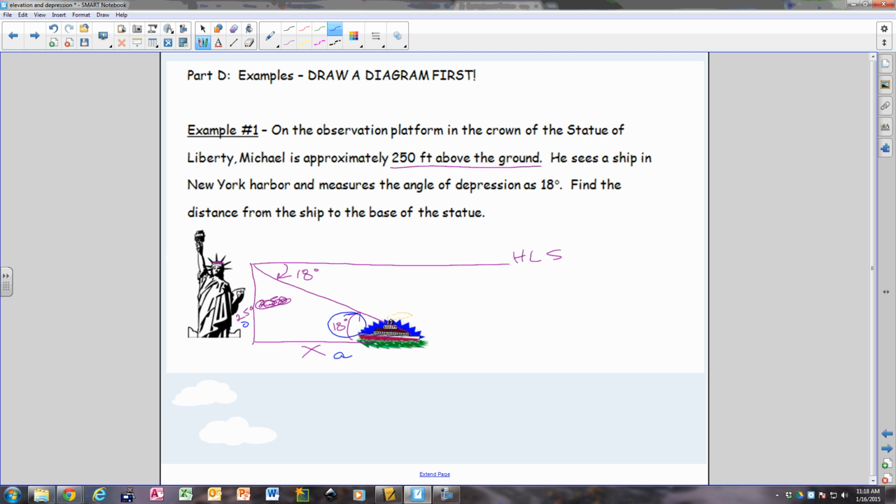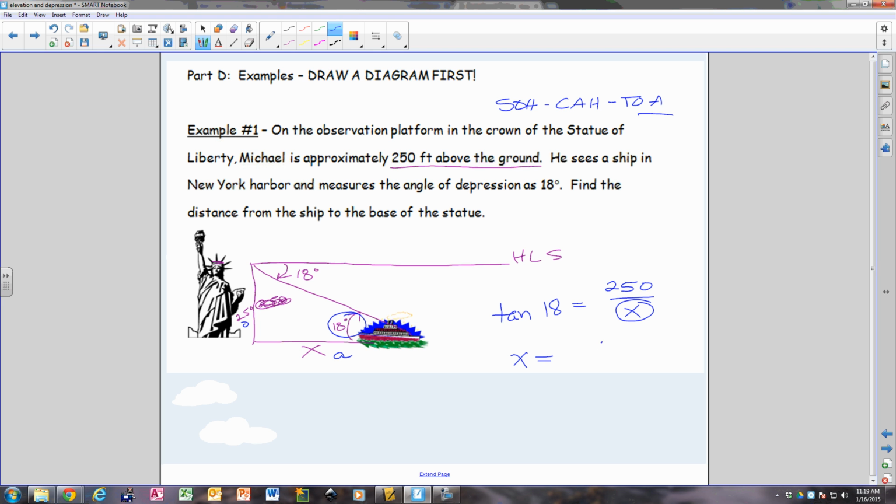So what function would I need to use? So some old hippie called another, there's our SOHCAHTOA. So we have an O and an A, which would be tangent. So that means the tangent of 18 degrees is opposite over adjacent. So remember, when x is in the bottom, these two switch places.